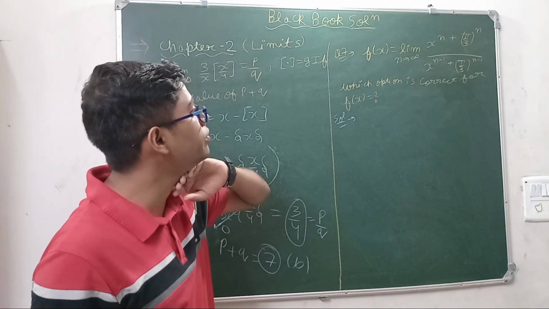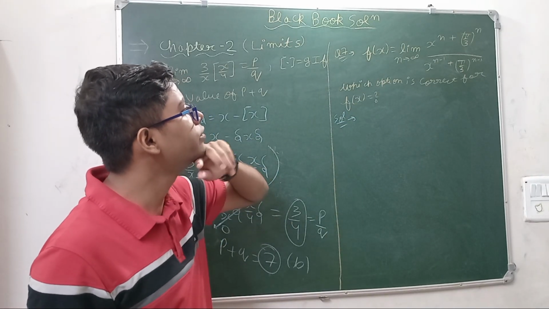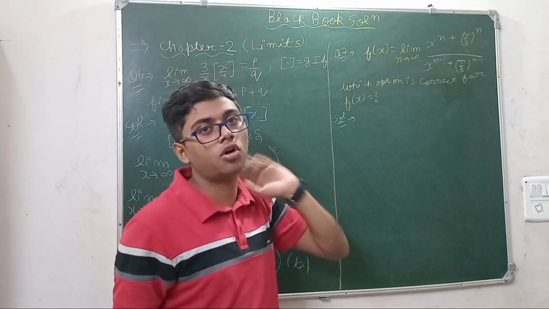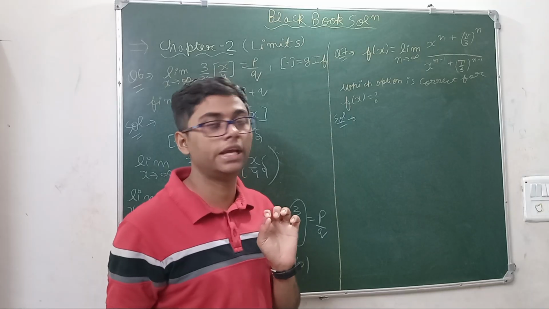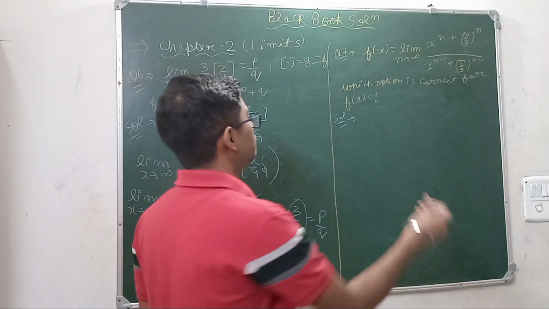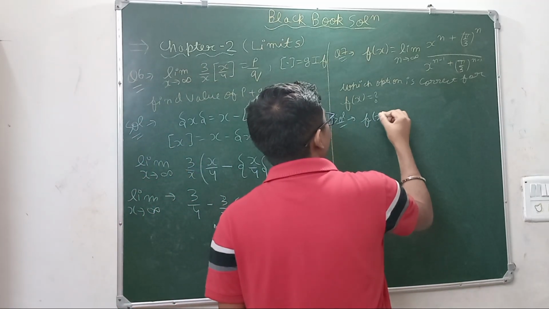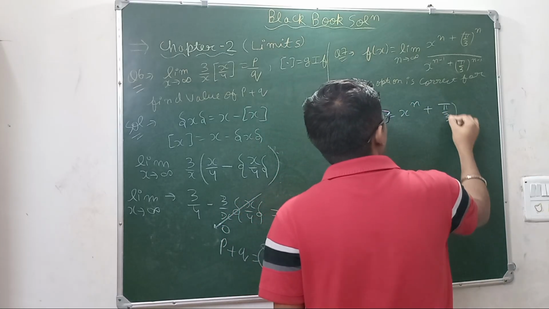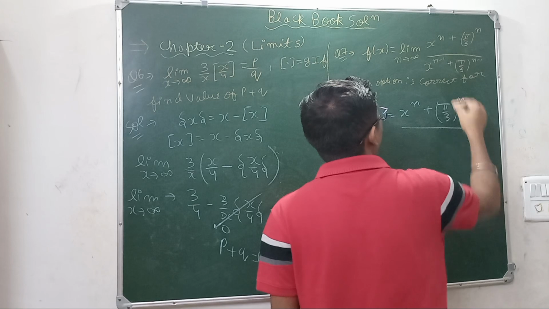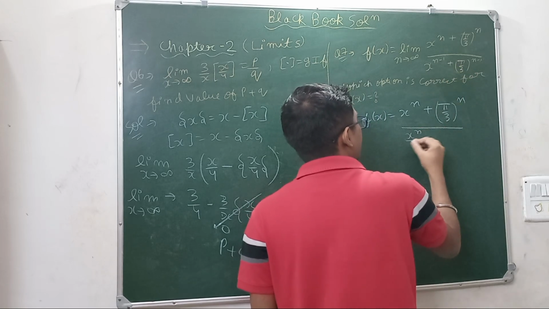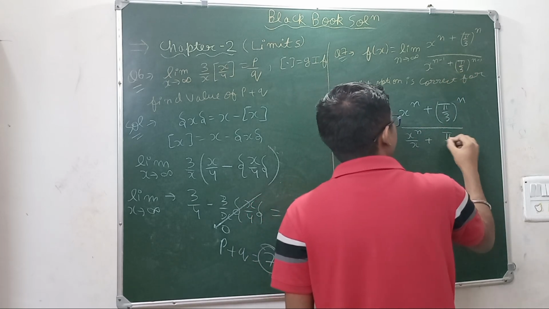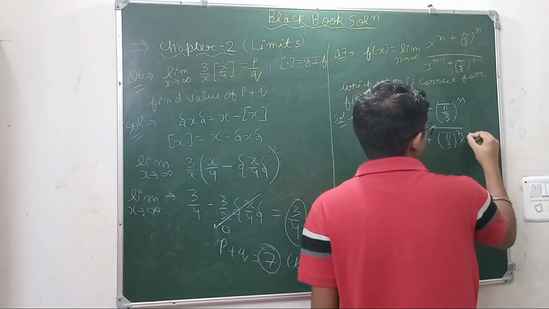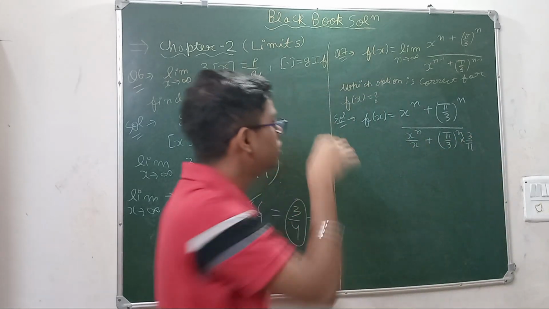Limit n is tending to infinity, and we need to find this limit. Whenever this type of limit comes, you have to take any one term common. Generally you can take the first term common, means x to the power n you can take common. First of all, let us simplify this function. So f(x) will be equal to x to the power n plus pi by 3 to the power n upon x to the power n by x, and pi by 3 to the power n upon pi by 3, so it will become 3 by pi if you take it into the denominator.